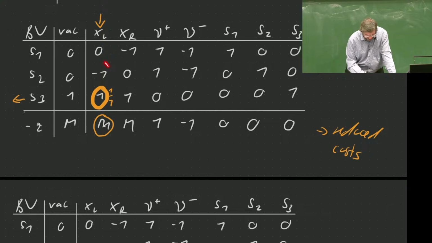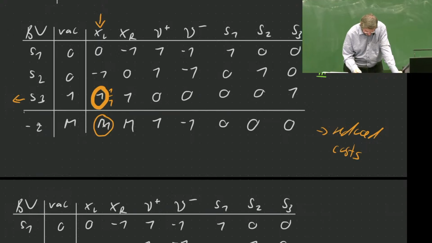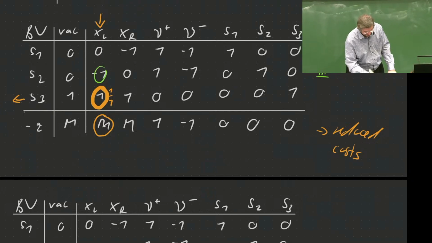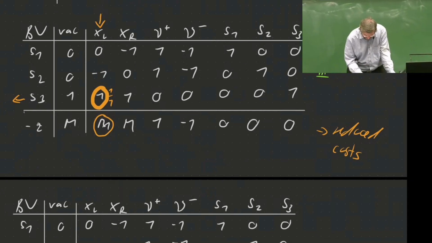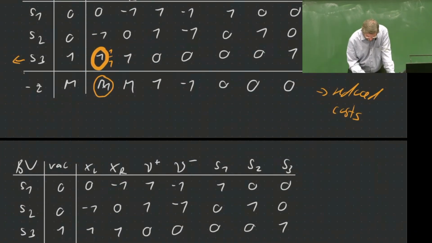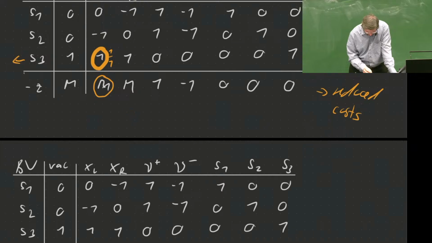So the only thing we need to change is this -1 here. And for that, what we'll do is we'll just add the third row so that we get a 0 in this position. Oops. So let's do that. So that means we are changing the third row. The second row, sorry.